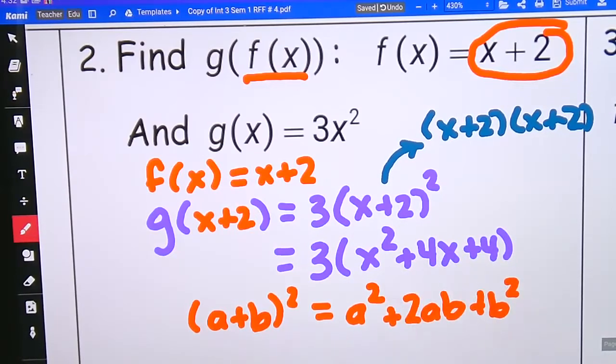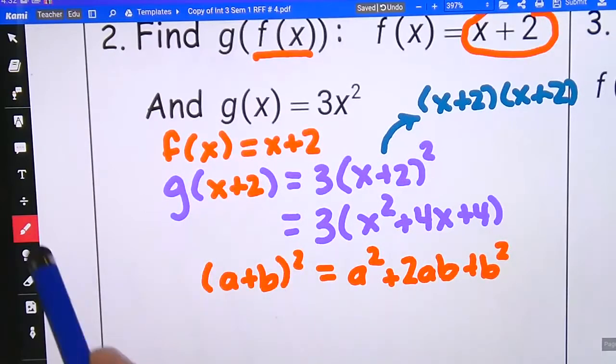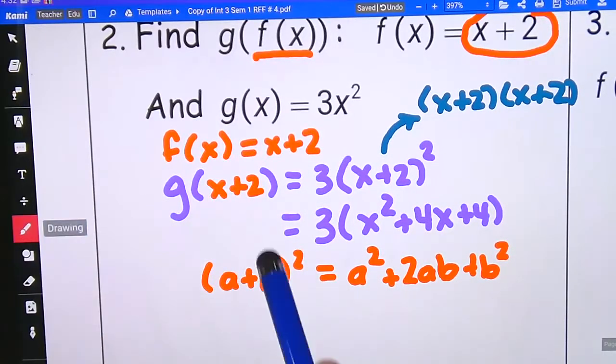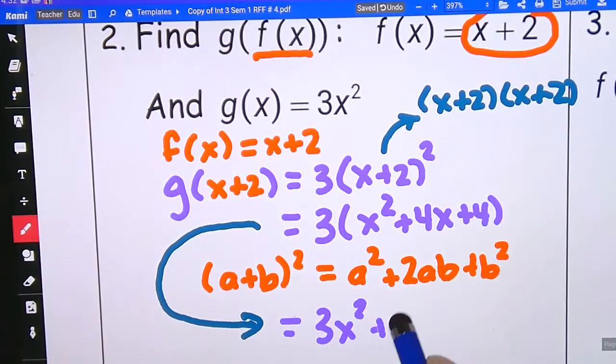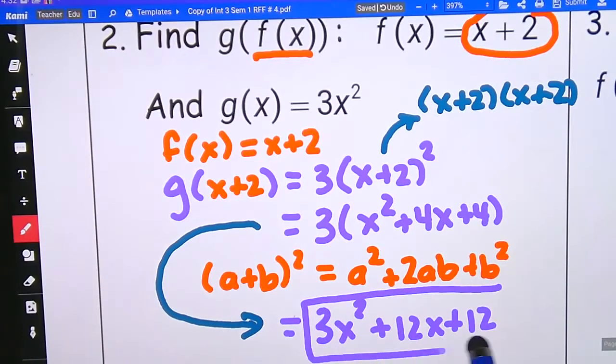That's what I did right here. So now, the next thing I'm going to do is take this and distribute my 3 to everything. So I'm going to get 3x squared plus 12x plus 12. And that is g of f of x.